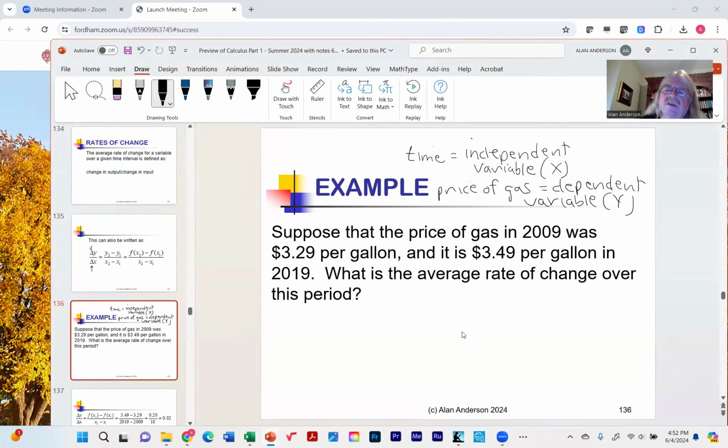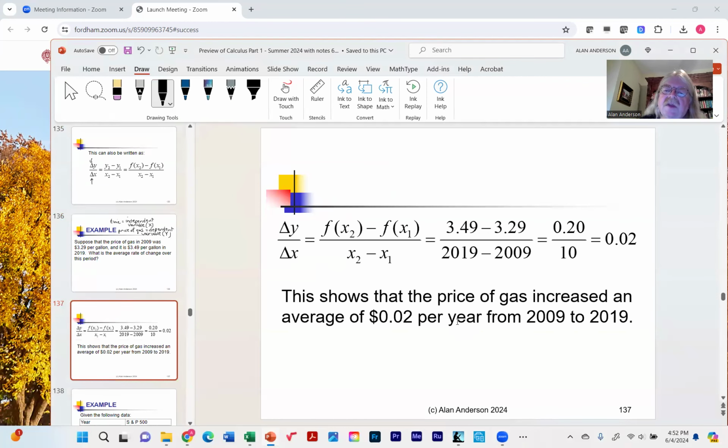So here's what we're going to do. We're going to think of 2009 as X1, because that's the first year. 2019 will be X2. And then the two prices are, originally gas was $3.29 a gallon.